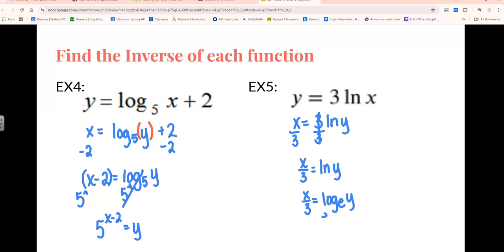Good. So I'll do e to the power, e to the power. I'm raising this to the whole thing right here. So I'm going to get e to the x divided by 3, that whole fraction is in my exponent, equals y.